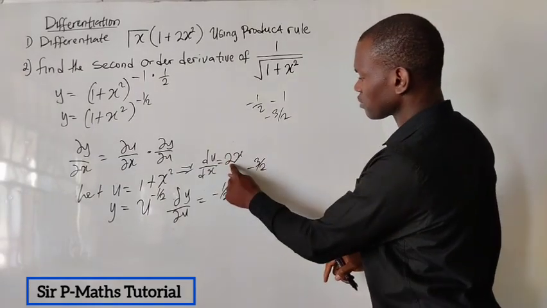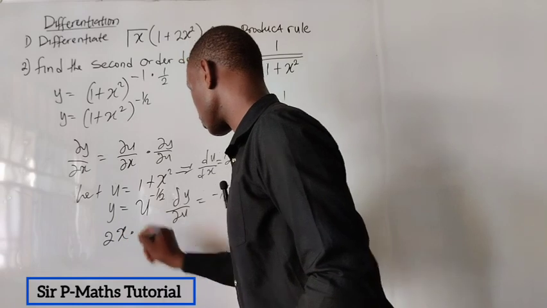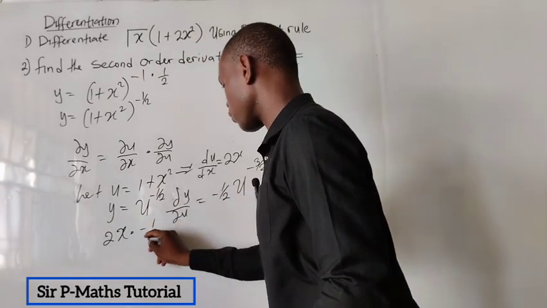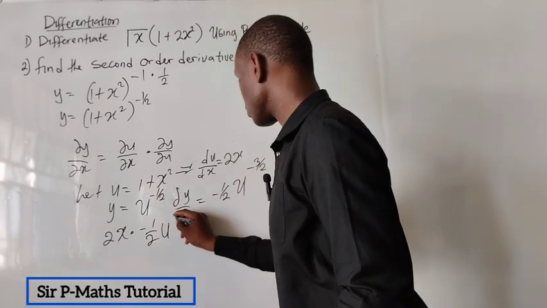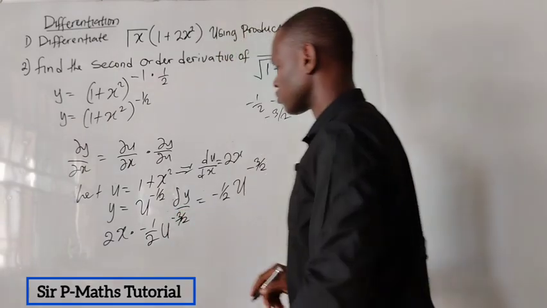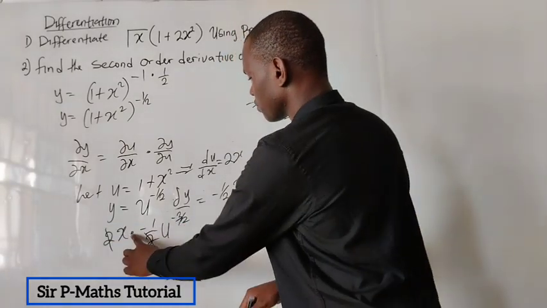So let us multiply this guy and this guy. So I would have 2x multiplying minus 1 over 2 u raised to the power of minus 3 over 2. Let's multiply. These two, we cancel these two since they are multiplying.